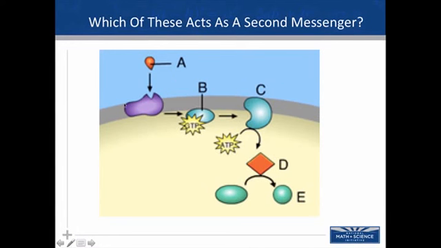Which of these would serve as a second messenger? I hope you're thinking D, because that is a messenger inside the cell. Our first messenger was outside the cell in the form of a ligand. The second messenger, in this case, was cyclic AMP, and it's located inside the cell.